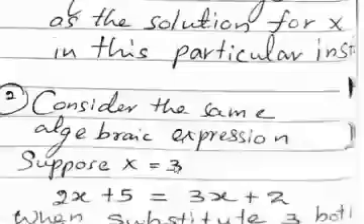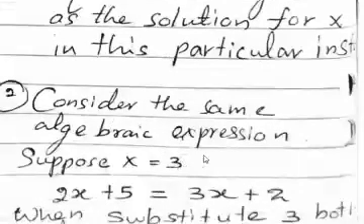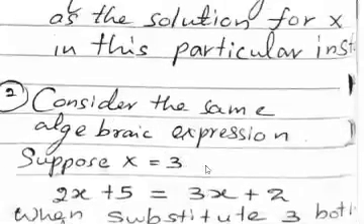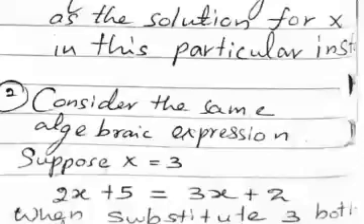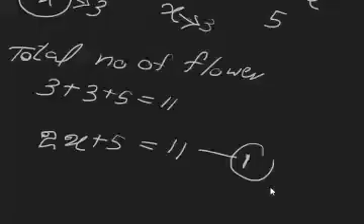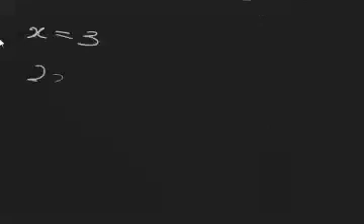Consider the same algebraic expression. Suppose x equals 3. Here again I take x equals 3. Then this side should be equal to 2 into 3 plus 5, 6 plus 5, 11.